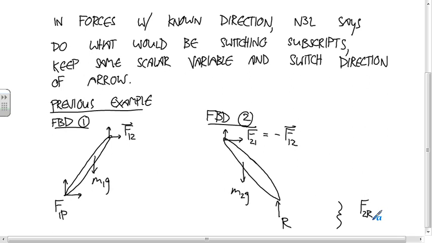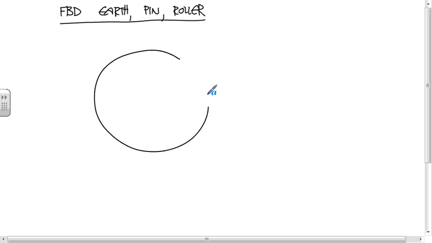Okay, let's do one more thing now. Let's consider the free body diagram of the Earth. And we're going to lump in with the Earth the pin on the left side and the roller on the right side. Okay, so what do we see here? Well, first, what body forces are acting?